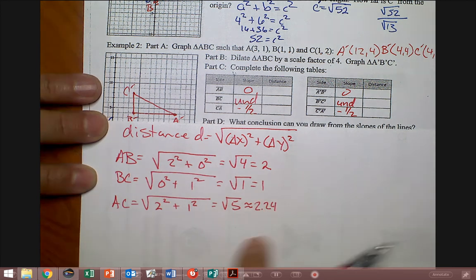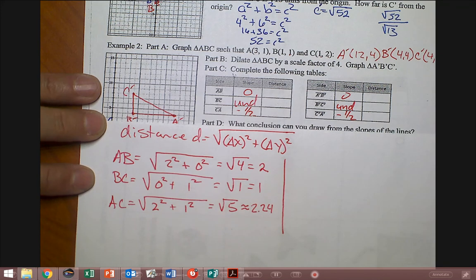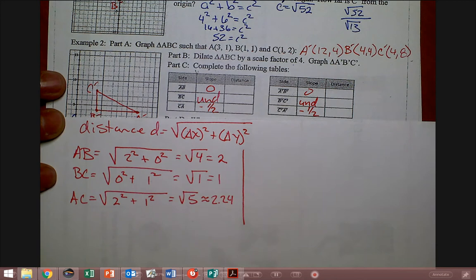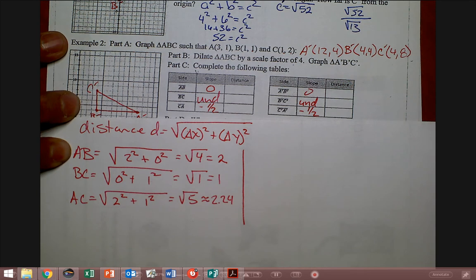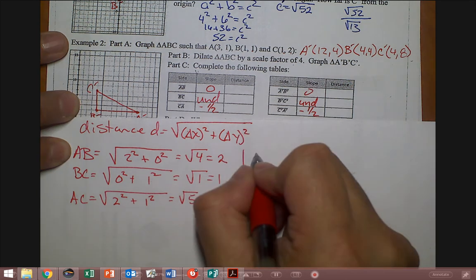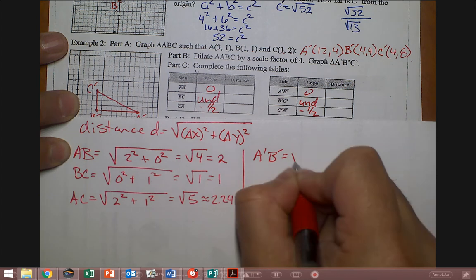So it's approximately 2.24. Now we're going to do the same thing, but now we're going to do it with our dilated values. So I'm doing the dilated values. That's going to be A prime, B prime. Square root.